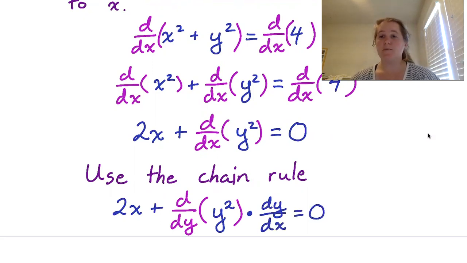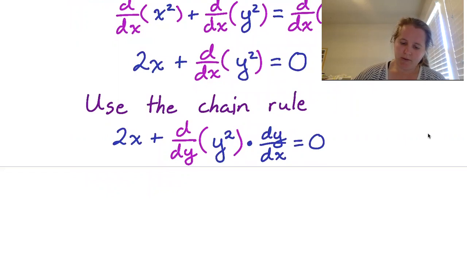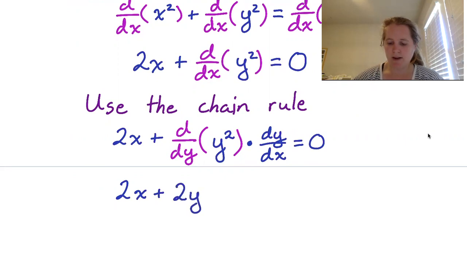I put that in the dark blue instead of purple because there's nothing to do beyond that. That's what we're actually trying to solve for. So using the chain rule, we therefore have 2x plus the derivative of y squared with respect to y, which is 2y, times dy dx. And this is all equal to 0.